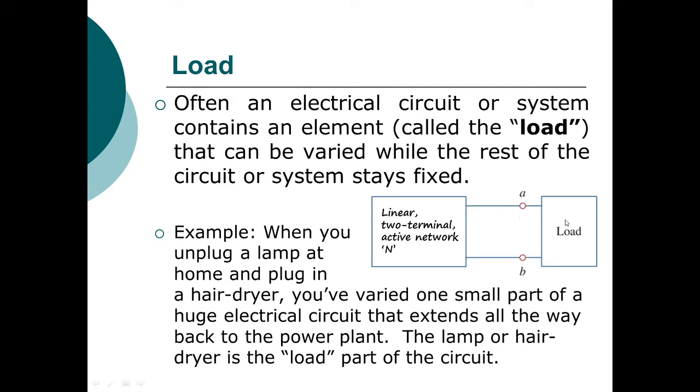The load changes from time to time according to our requirement, but this complex network remains the same. So if we can convert this complex network to a simpler one, the analysis of the current through the load or the voltage across the load will become much easier. That is what we are going to do here with Thevenin's theorem.